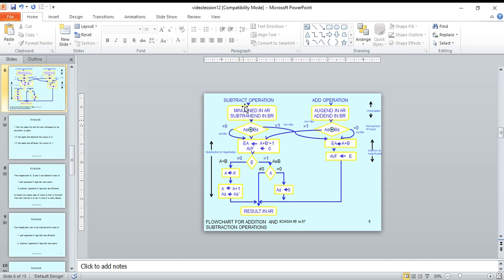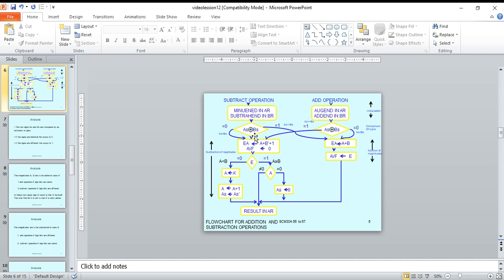The same way subtraction is also performed. For example, I want to subtract the two numbers, A and then B. If both the signs are the same, then do the subtraction. For example, plus A minus, I want to do the subtraction operation, minus and then plus B, so it goes for the subtraction operation.